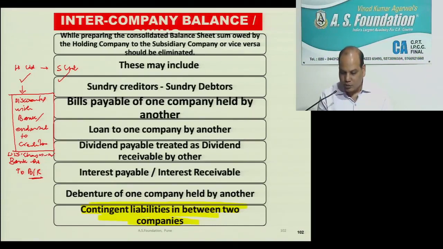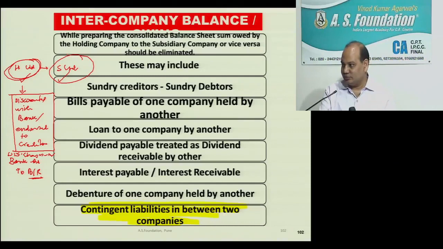So in the books of H, bills receivable will not appear. Bank account will appear. But in the books of S Limited, bills payable will appear till it is paid or settled.